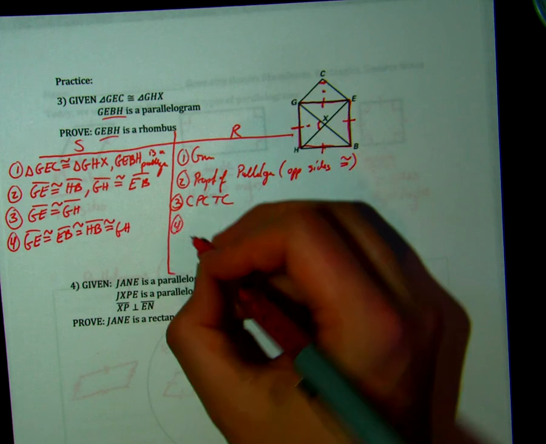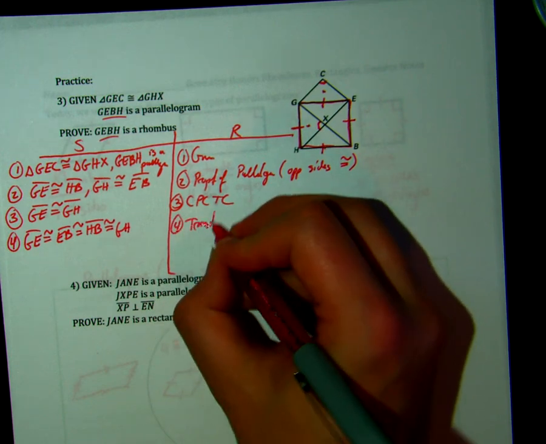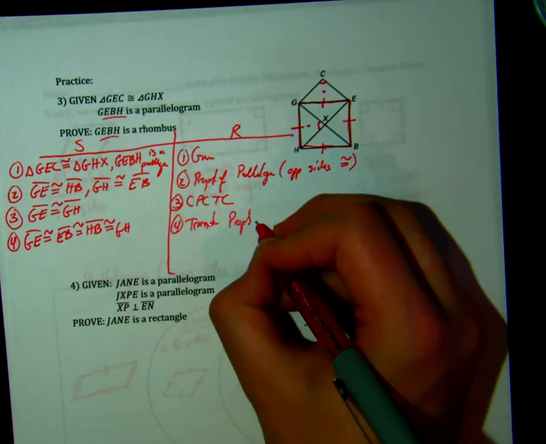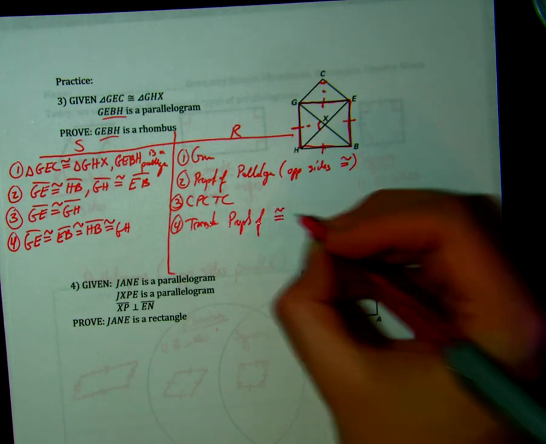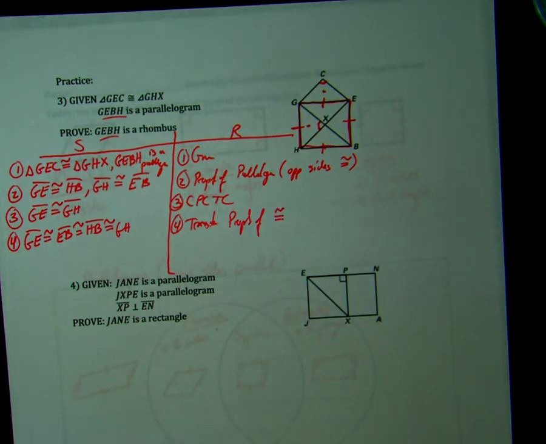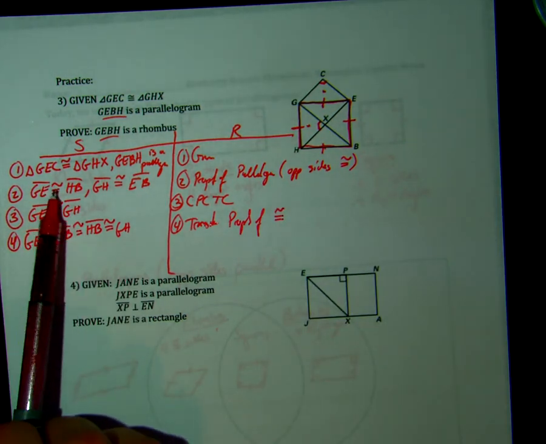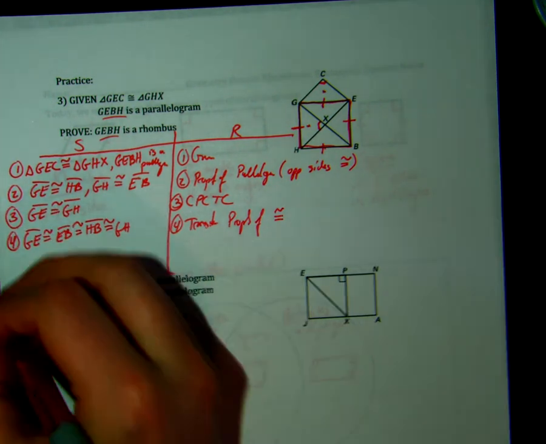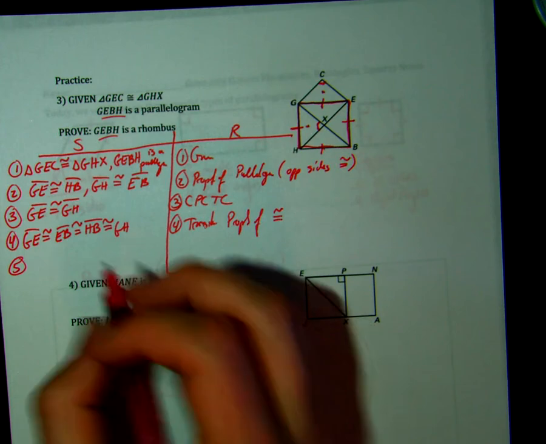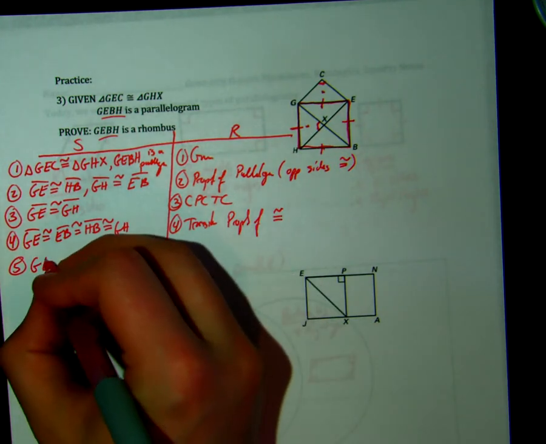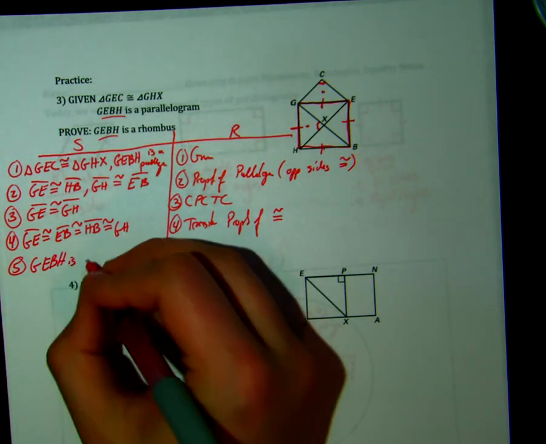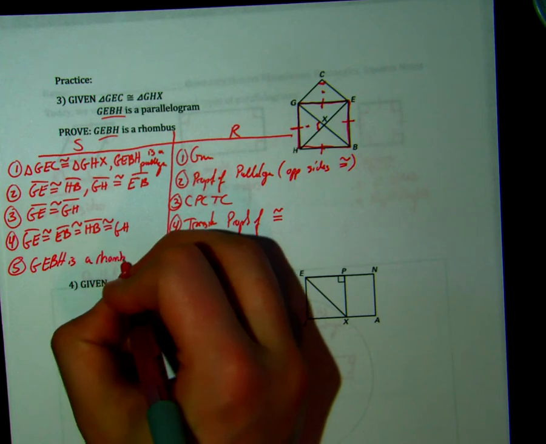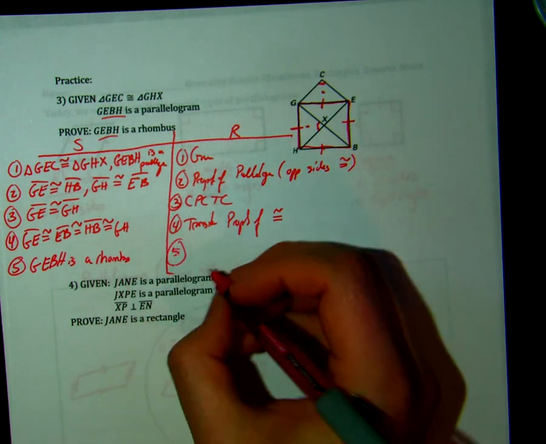And this is all by the transitive property of congruence. So just linking these number 2 and number 3 together, you can get that all four of these are congruent. And that makes this a rhombus. This is by definition of a rhombus.